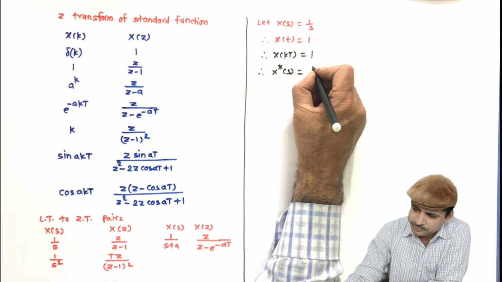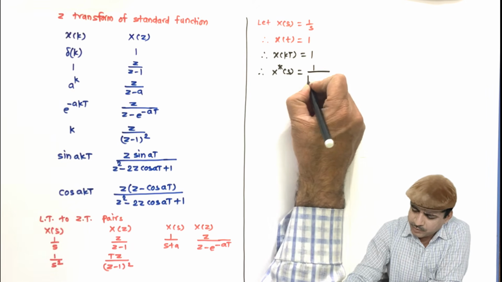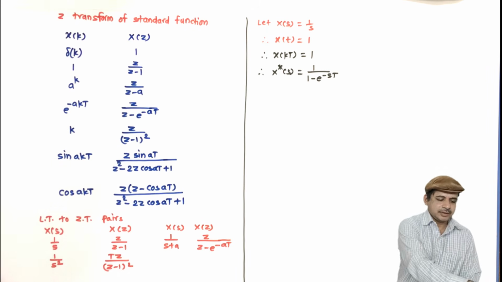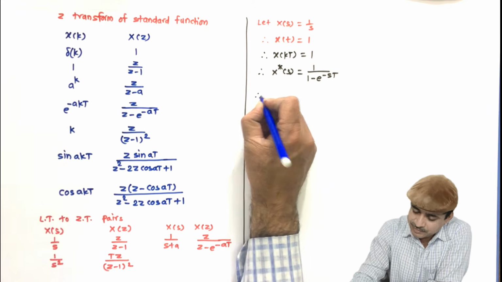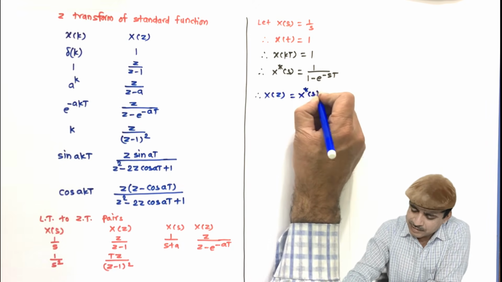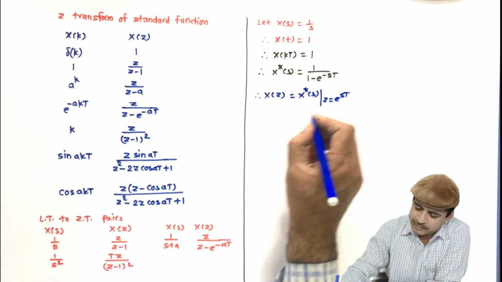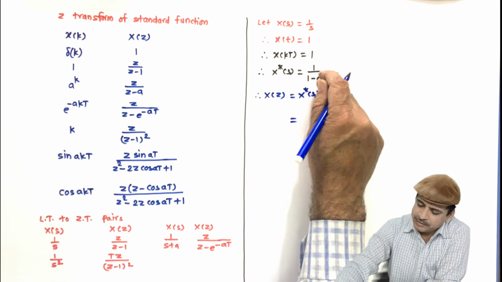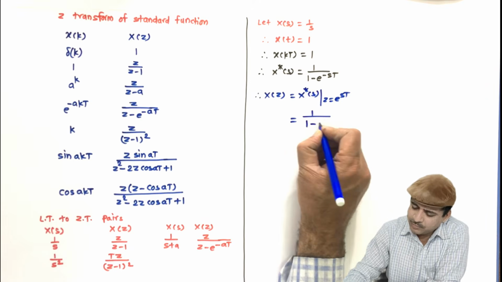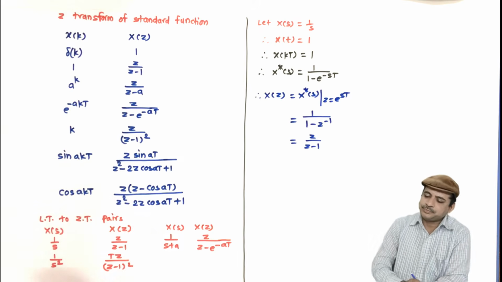It comes as 1 upon 1 minus e raised to minus sT. Then what is x of z? X star s at z equal to e raised to sT. Put this, e raised to minus sT will be z raised to minus 1. So this is 1 upon 1 minus z raised to minus 1, which is z upon z minus 1.